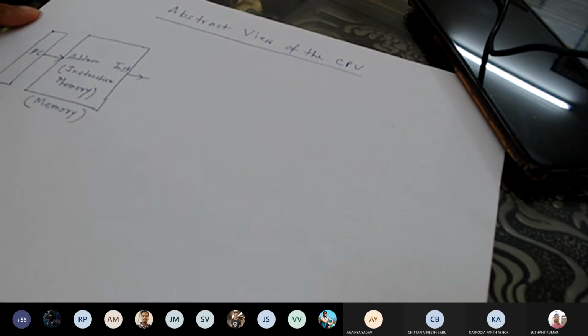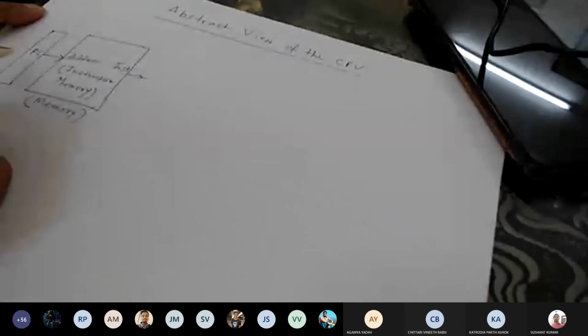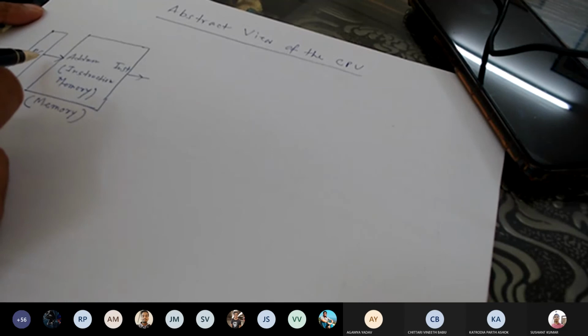Now, where do we get the value of the program counter from? It comes from a circuit. The value stored in the program counter goes to the address port of the memory, and also needs to be used for some other purpose.